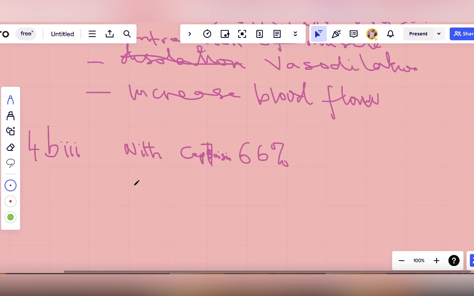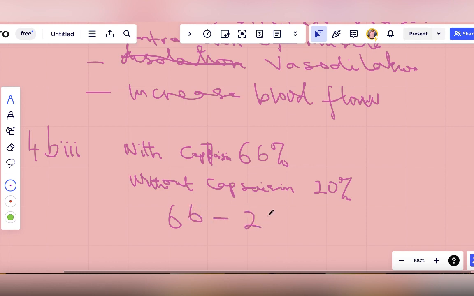If you trace from 35, then without capsaicin, the value is 20. Now they say we should find the difference. The difference is with, which is 66, minus without, which is 20.